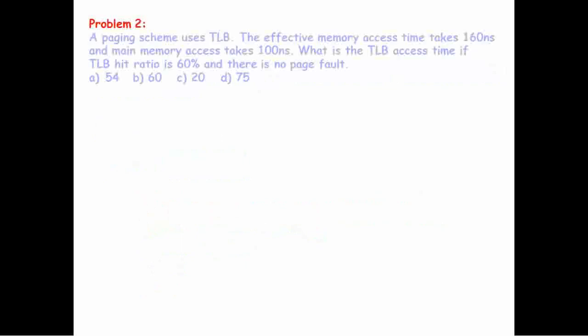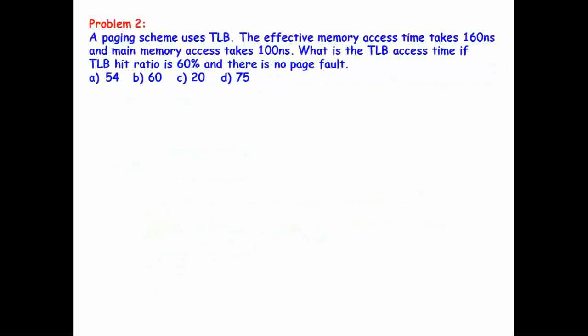Here, a paging scheme uses TLB. The effective memory access time takes 160 nanoseconds and the main memory access takes 100 nanoseconds. What is the TLB access time if TLB hit ratio is 60% and there is no page fault? So here let us write whatever the data is given.